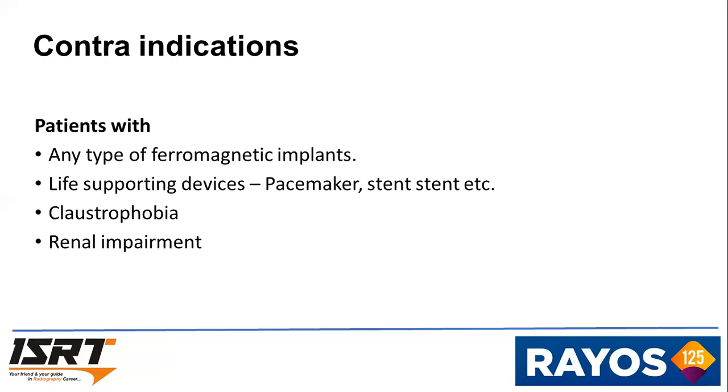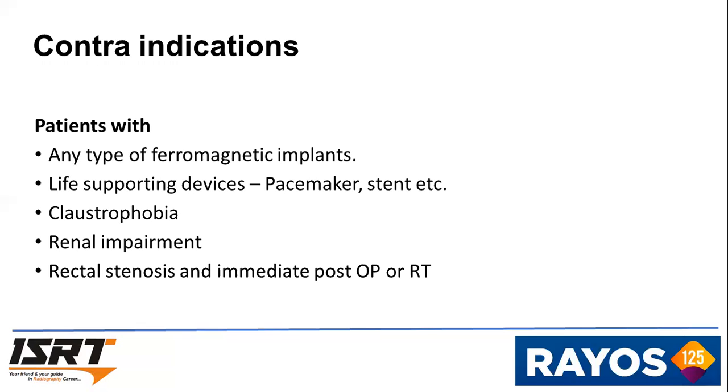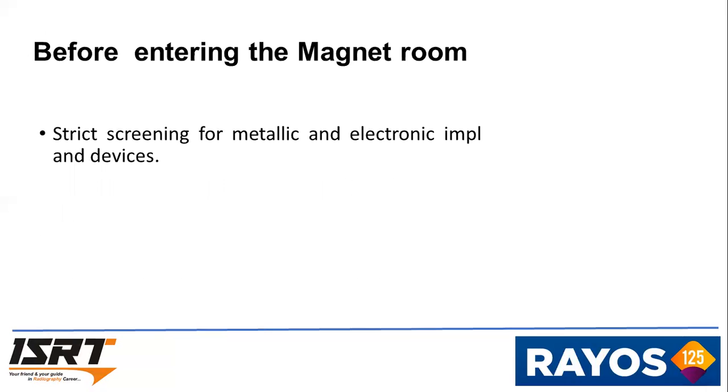Since contrast injection is needed, patients with altered renal status is contraindicated. Patients with rectal stenosis and immediate post-op or radiotherapy is not ideal for the study as we have to introduce the endorectal coil per rectally.